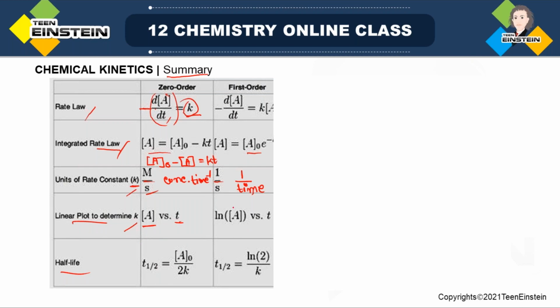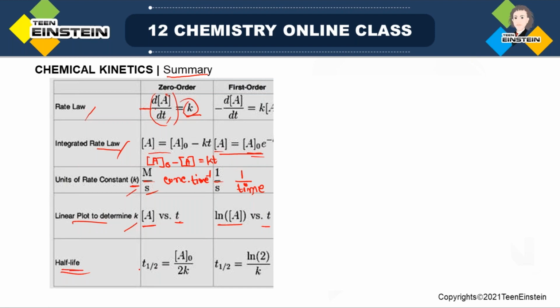Okay, and for first order reaction, we have to draw ln A versus t, then only we can get linear plot, because if you consider this expression e to the power minus kt, here actually if we directly draw from here, it will be exponential in nature, but after taking ln both sides, this exponential term will not be present, now it will be straight line.